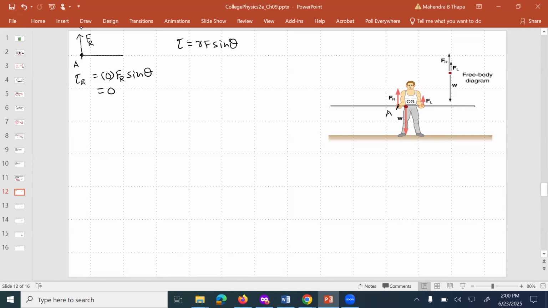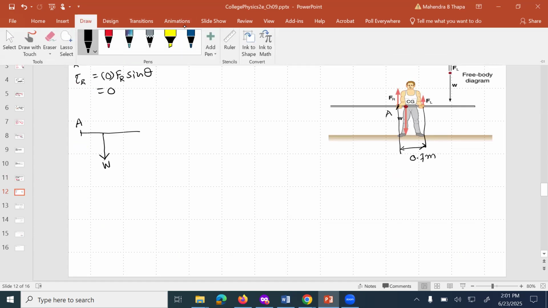Okay, let's consider the torque about the point A for the force weight, right? So be careful that here the distance between the left hand and the right hand is given as 0.7 meter.